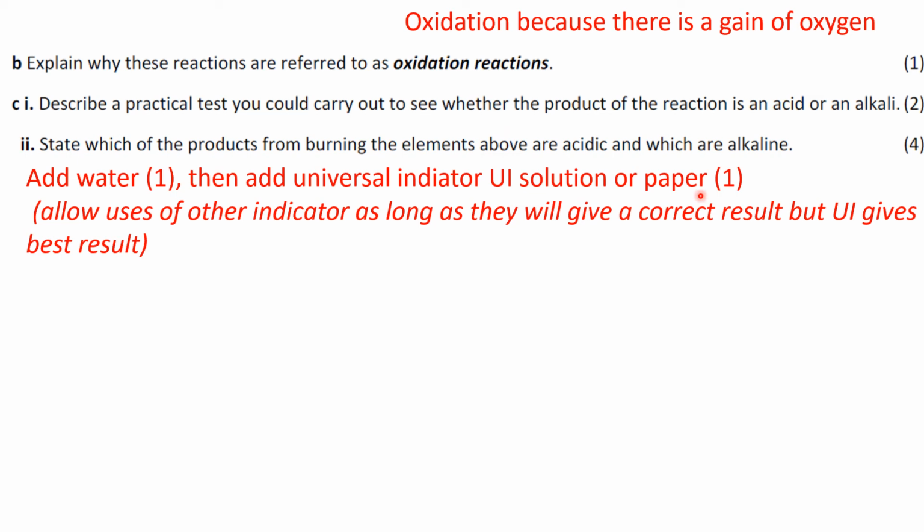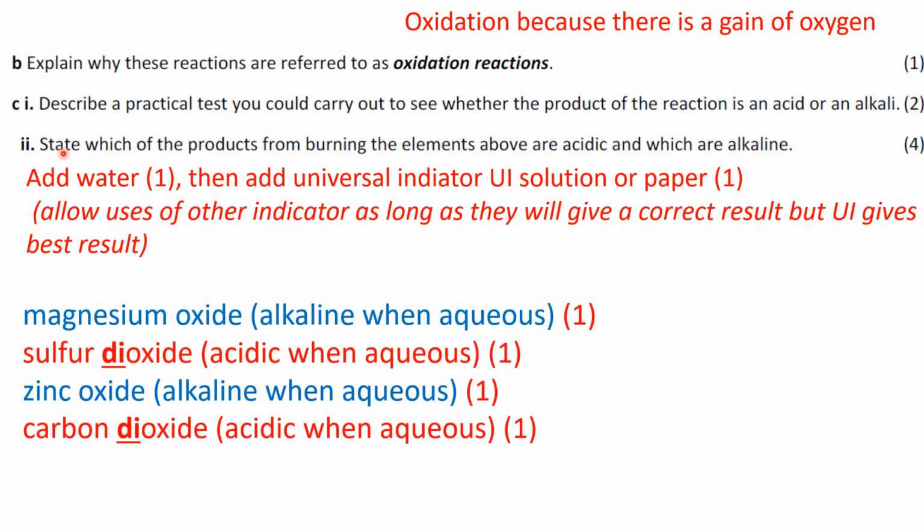It doesn't matter which one. Universal indicator solution and paper, as you know, are quite special. They tell us the pH as well as whether it's acidic or alkaline. I would say stick to these two, even though the question will allow the use of other indicators, but these two specifically can just give you a better idea. As per the videos you've watched, they're better.